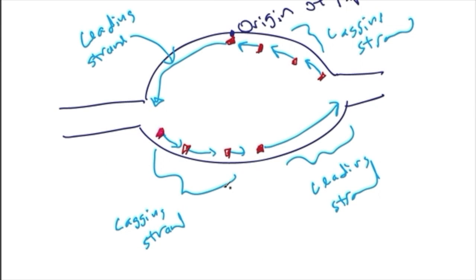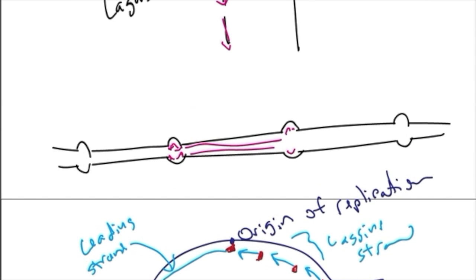Okay. So this is called the replication bubble, and the replication bubble is happening all along. These are all bubbles. Bubble, bubble, bubble, bubble, bubble, all along the DNA at the same time.